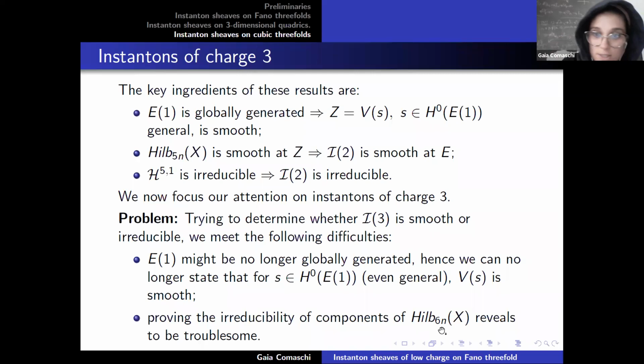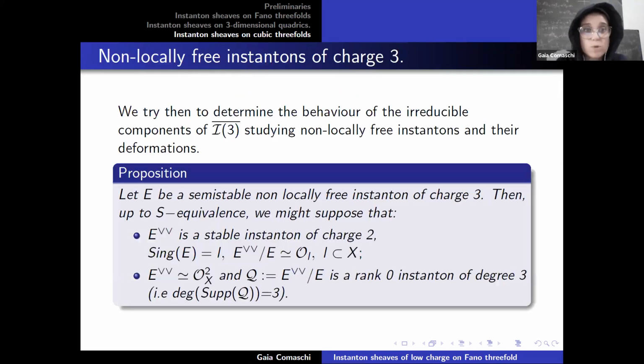One of the main reasons is that now we are dealing with curves that are no longer projectively normal, so they are not as well behaved as for the case of degree less than or equal to 5. And so we try to construct components of the closure of E3 in other ways. The way that we adopt is studying non-locally free instantons and their deformations. So what we find is the following.